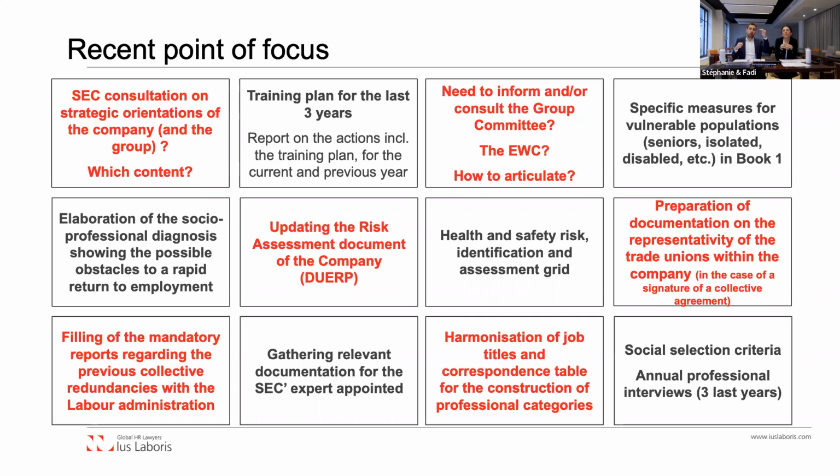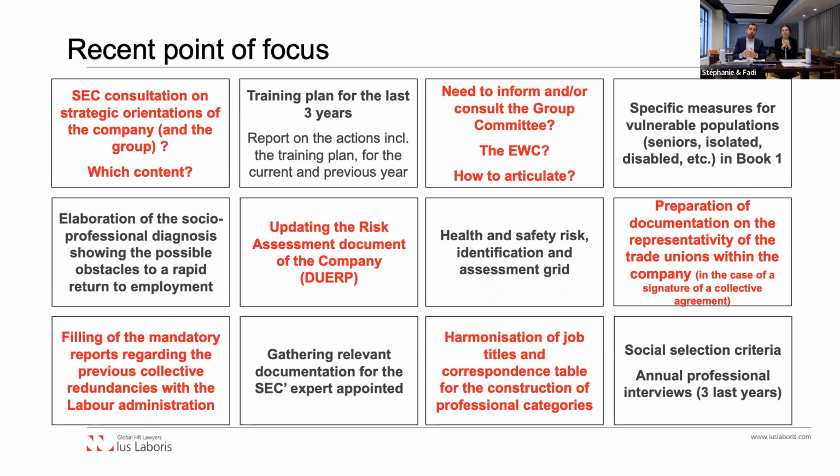Maybe you want a table of correspondences between job titles, for instance when you have a history of a recent merger. You want to be able to harmonize job titles and say, okay, these are 2 job titles, but in fact it's the same job. So we're going to have a correspondence table to tell you which job it is, and then you'll be able to split the workforce into professional categories.